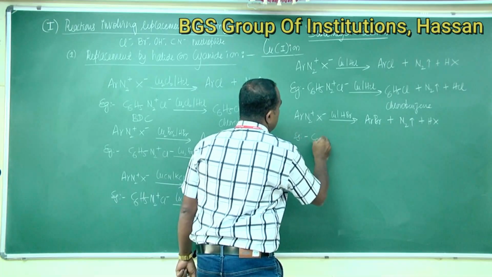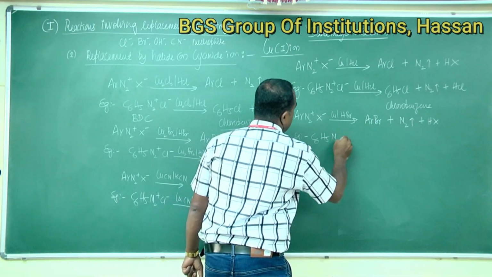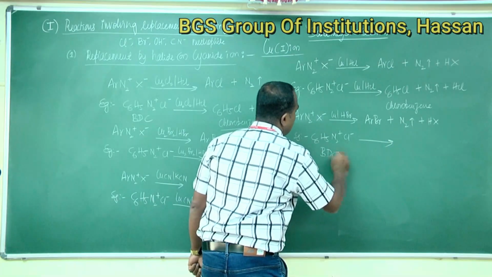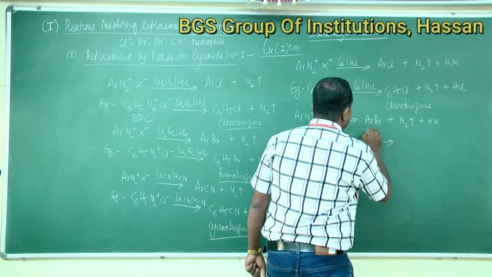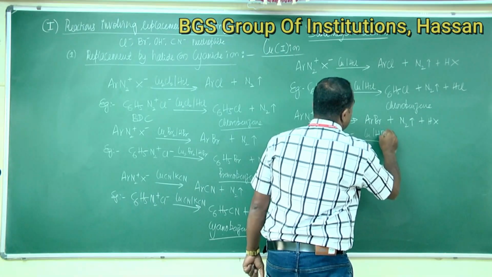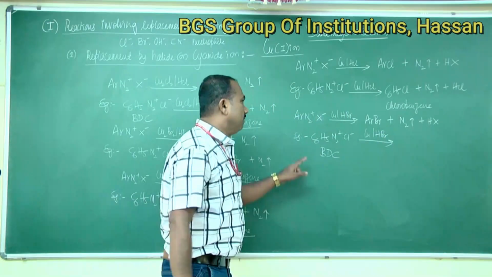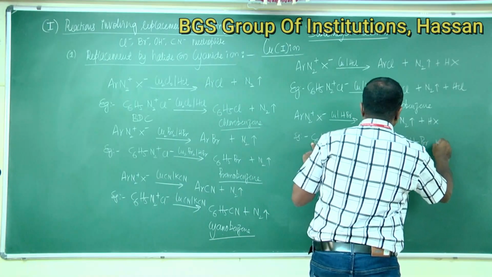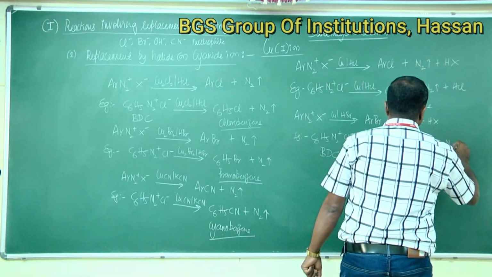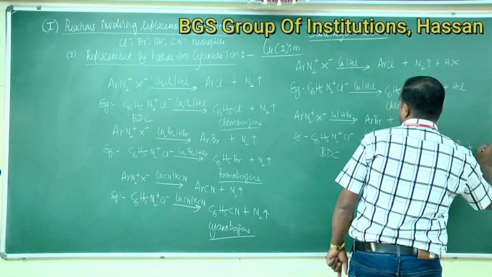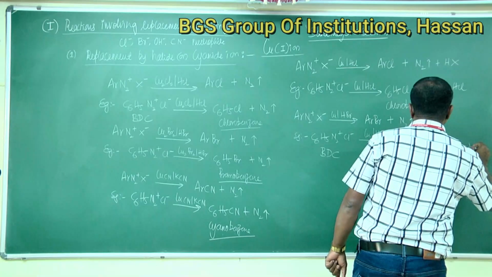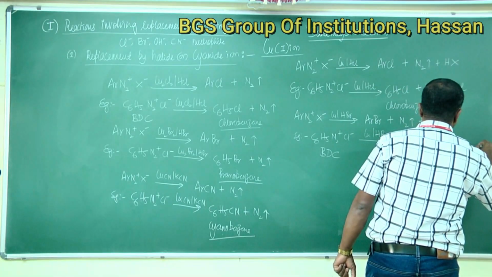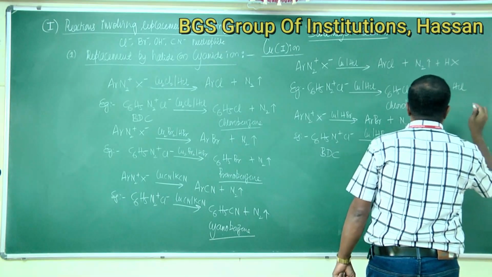Example: C6H5N2+Cl⁻, benzene diazonium chloride, reacts with copper powder in the presence of hydrogen bromide and gives C6H5Br plus N2 gas plus HCl, sorry, CuCl.